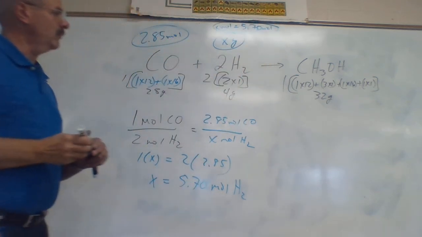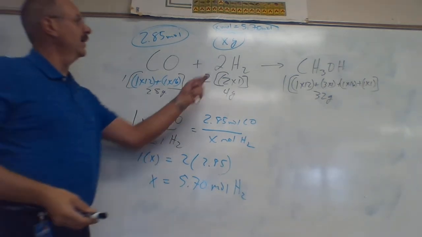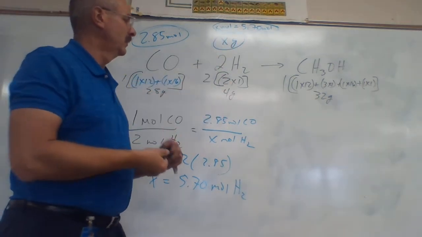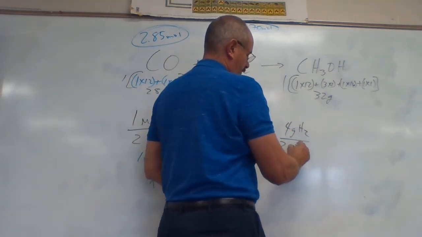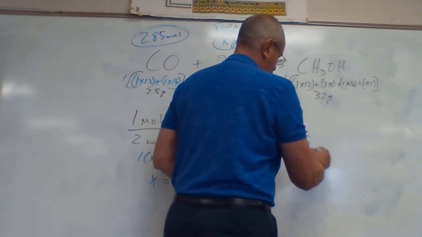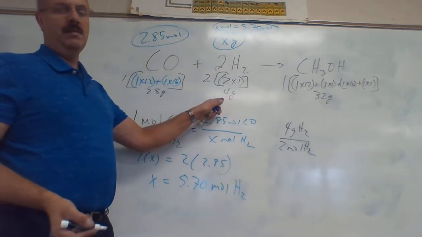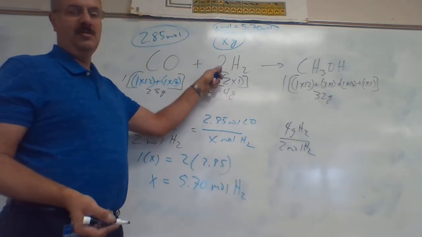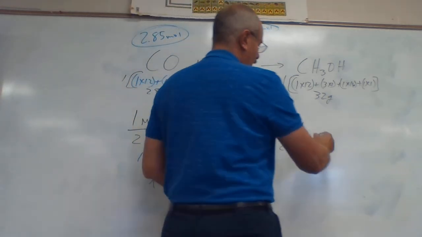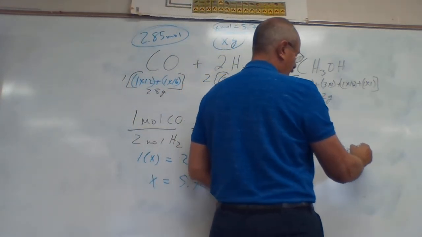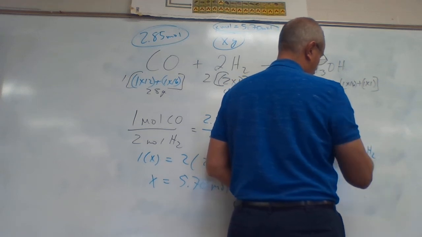Now I can use my molar mass to change moles into grams. So I need that 4 grams of H2 is 2 moles of H2. That came from here. 4 grams of H2 is 2 moles of H2. And then I don't have 2 moles, I have 5.70 moles of H2.